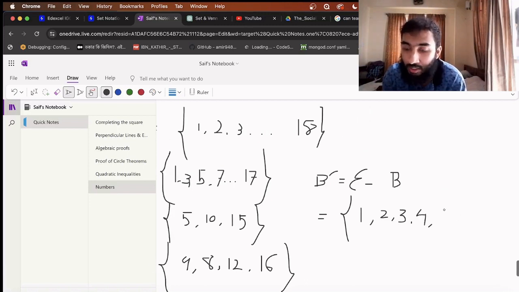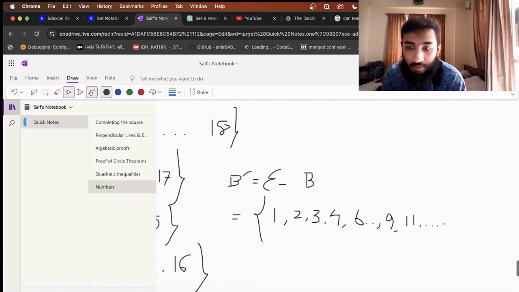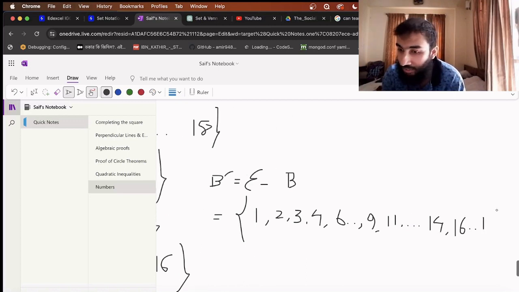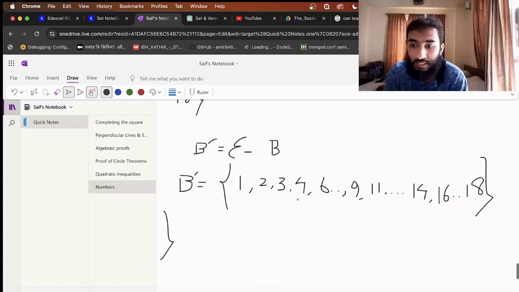So from 4 it will jump to 6, from 9 it will jump to 11 because 10 will be excluded, and from 14 it will jump to 16 up till 18. So this is the B prime set, which is the universal set minus B.